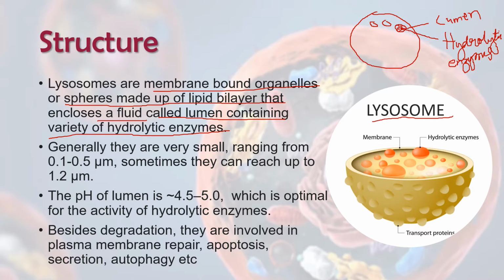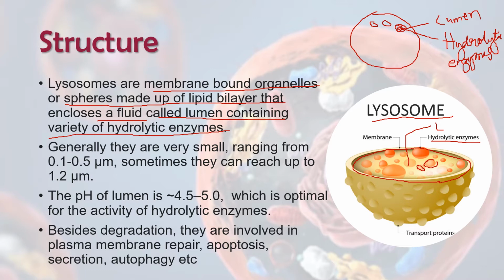You can see this has a spherical structure which contains hydrolytic enzymes inside the lumen. This is the lumen, and these structures that you are seeing are known as hydrolytic enzymes. So I am telling again and again the hydrolytic enzymes. Let me tell you what these are.